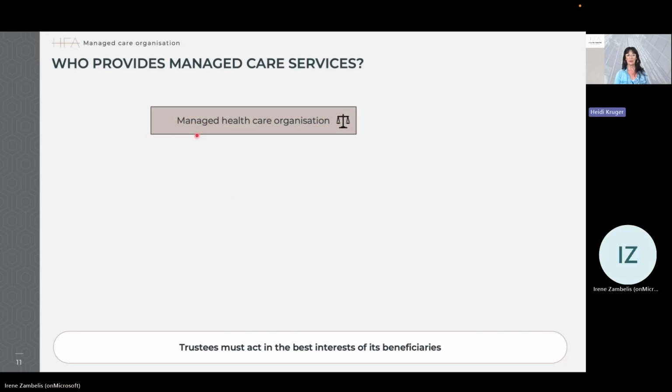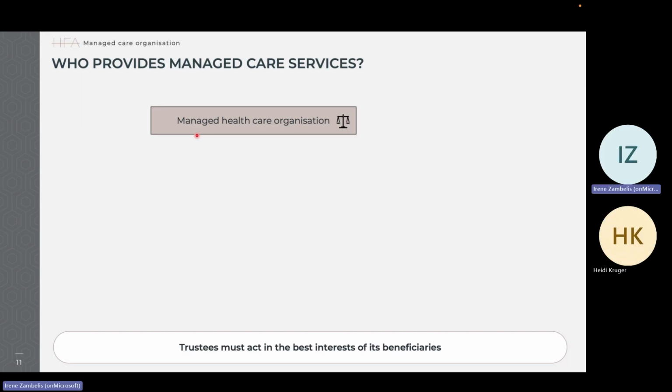Sure, so important that. And then in terms of contracting for managed care services, what is required by the trustees in this regard? It's an important question, Heidi, because Section 15 gives some detail in this regard.